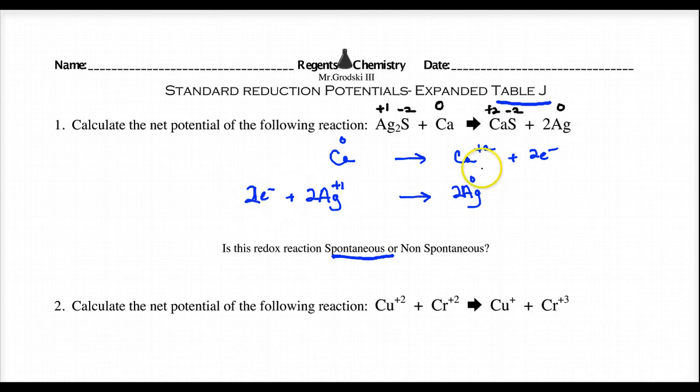Now let's go find the individual oxidation and reduction potentials for these half reactions. Now, I'm going to go find the one that is reducing first. So this is my reduction half reaction, and I know this because the silver plus is gaining 2 electrons. Its charge is going down, and reduction is gaining negative charges. So I'm going to go to table E, a reduction potential table.